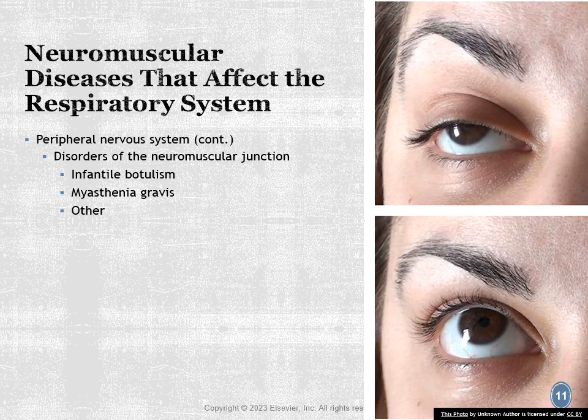This prevents muscle contraction. The current prevalence of myasthenia gravis in the United States is estimated to be about 20 per 100,000 people, although frequent misdiagnosis means it may be higher.